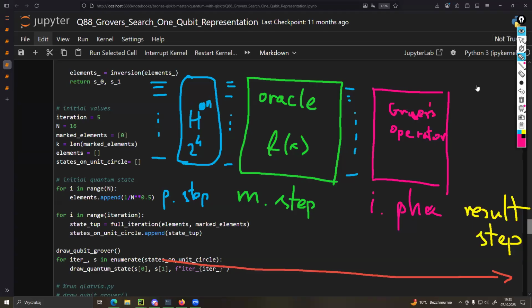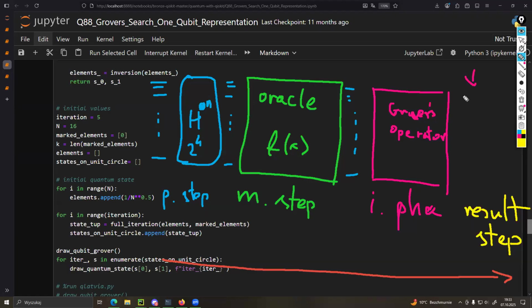And after the inversion, the probabilities are already altered, so you could do some post-processing, for example, swapping the qubits between each other to fix the ordering or something like that, because there is a slight problem with it sometimes.